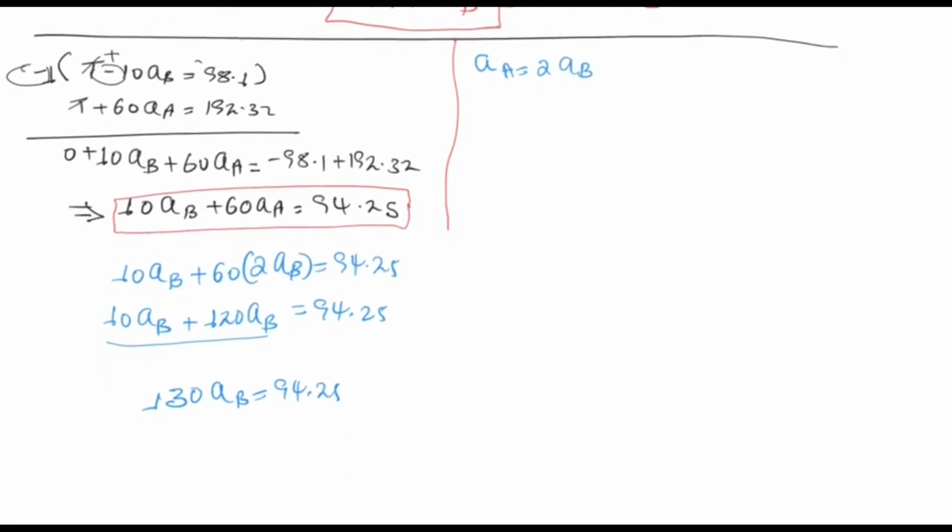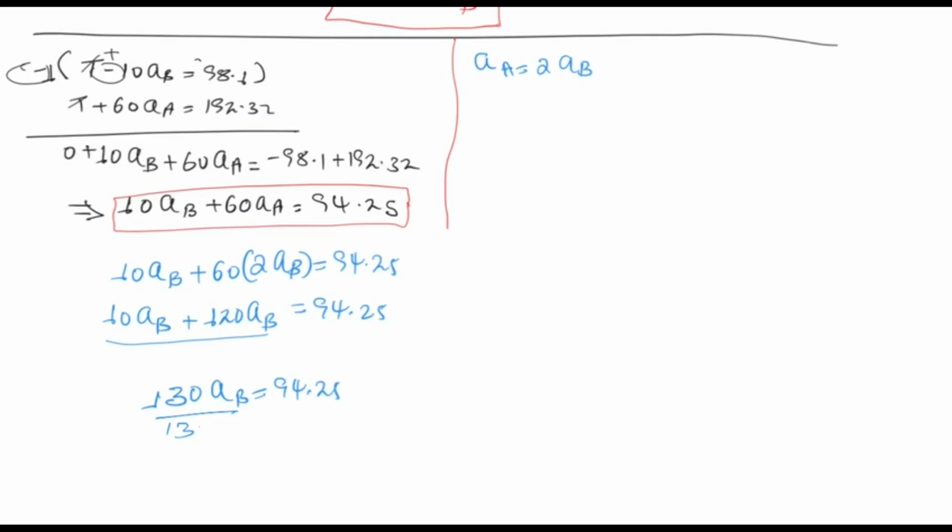That means dividing this by 130 and this one by 130. Finally, you'll get acceleration of B is equal to 0.725 meter per second square. This is our answer because this was the required part.